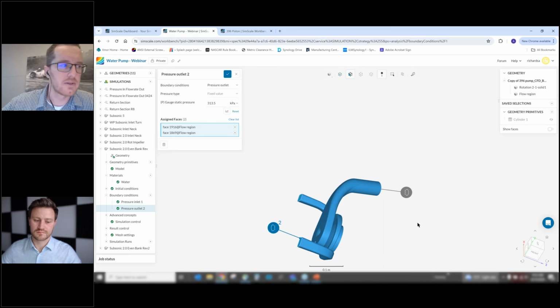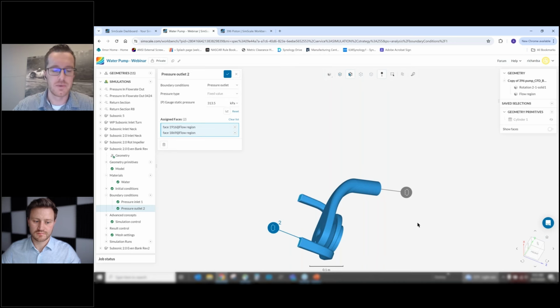Using the subsonic solver, we can specify an inlet pressure, which is in general defined by the system. We can also define an outlet pressure that is very much defined by the system due to restrictions downstream of the pump. With that, we can make geometry changes to the impeller, to the neck, whatever, and SimScale will converge on a flow rate.